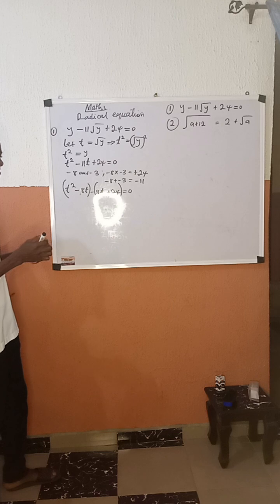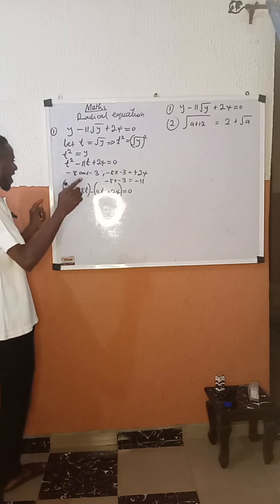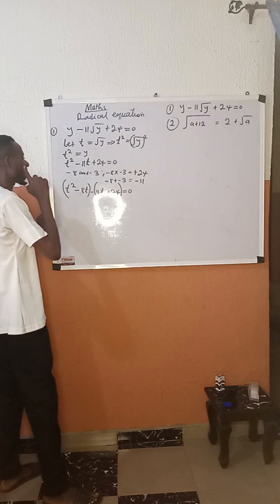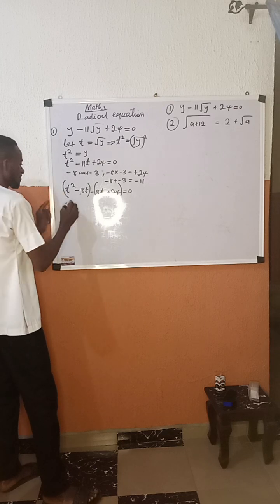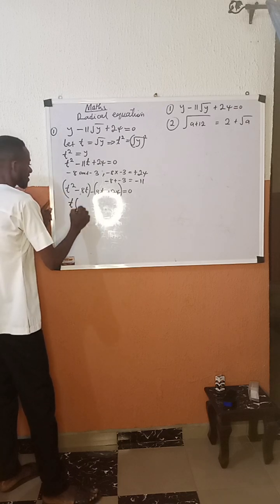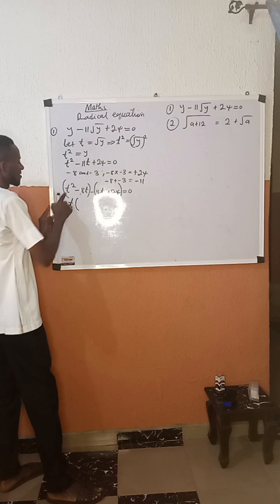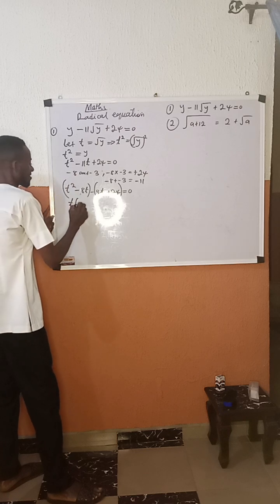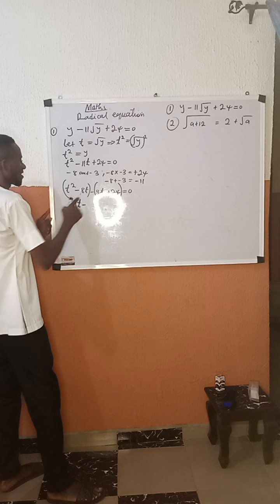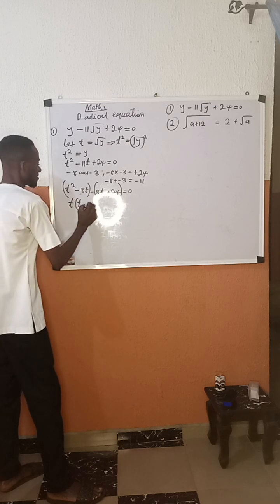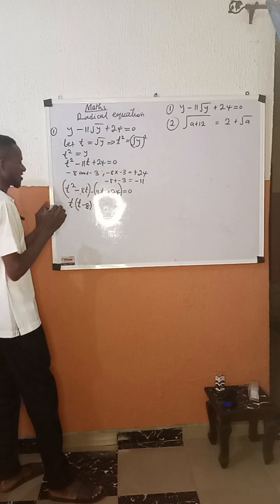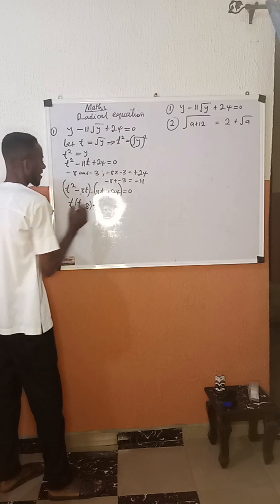And looking at the first bracket, the number that can go into two of them without remainder is t. So I will now bring that t outside and open a bracket. T raised to power 2 divided by t is t, minus 8t divided by t is 8. Close the bracket. The sign I have here is minus.